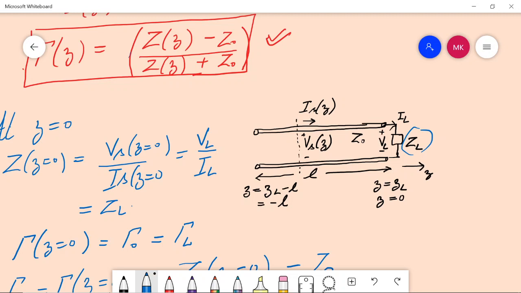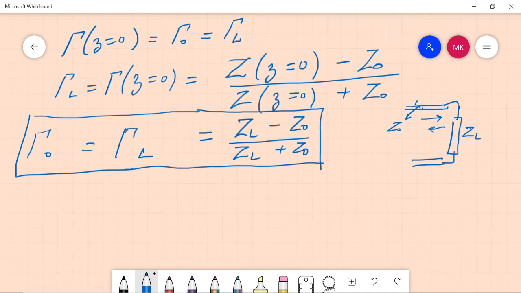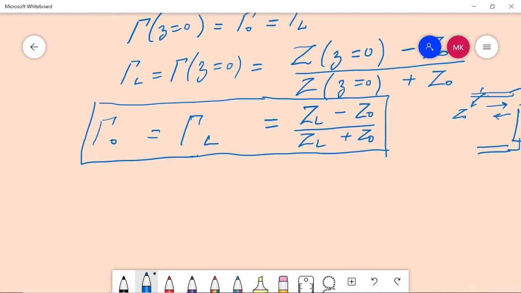The reflection coefficient depends upon Z naught and ZL, and then on the location at which you find the line impedance. So this is a very important relation. In general, ZL is complex and Z naught is complex, so gamma L will be complex.